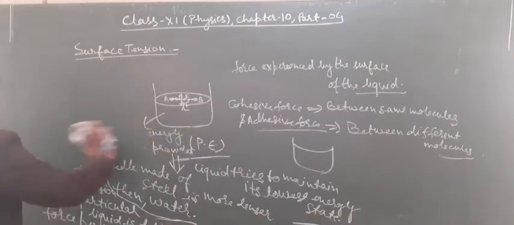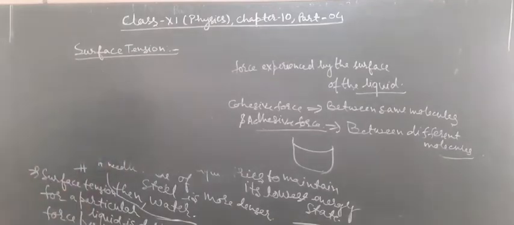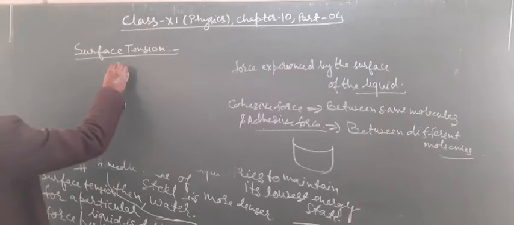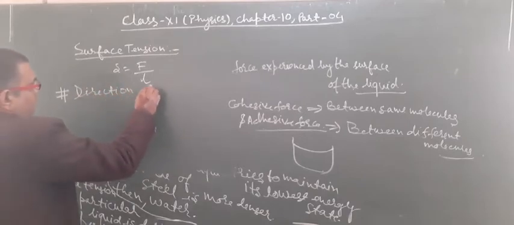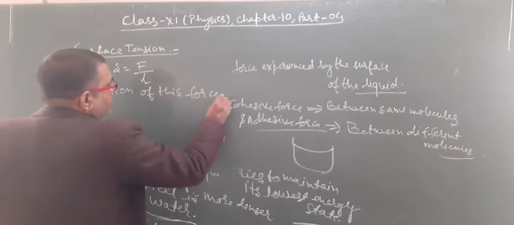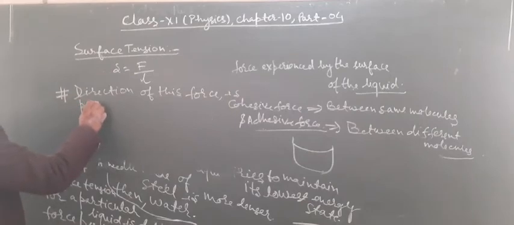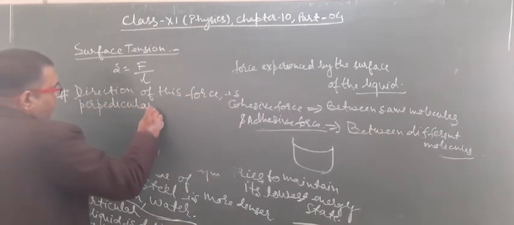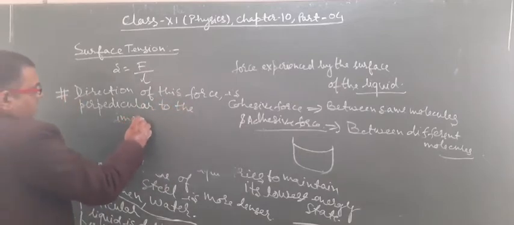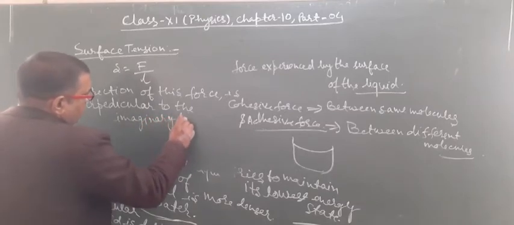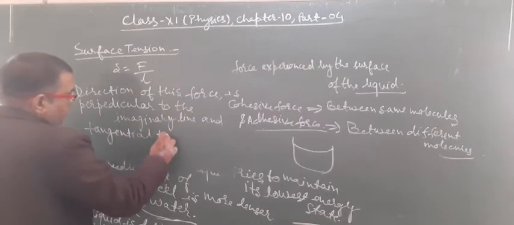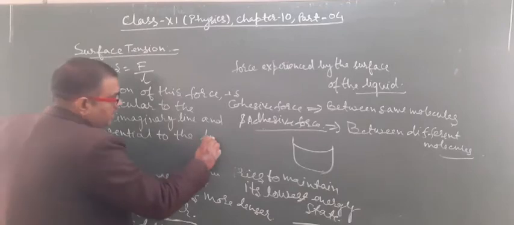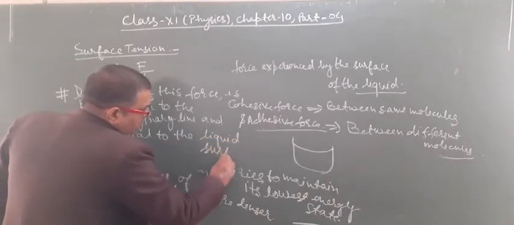So what is the direction of that force? We had discussed that surface tension is equal to force per unit length, and the direction of this force is perpendicular to the imaginary line and tangential to the liquid surface.